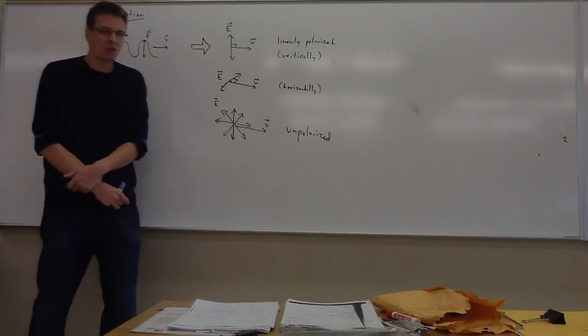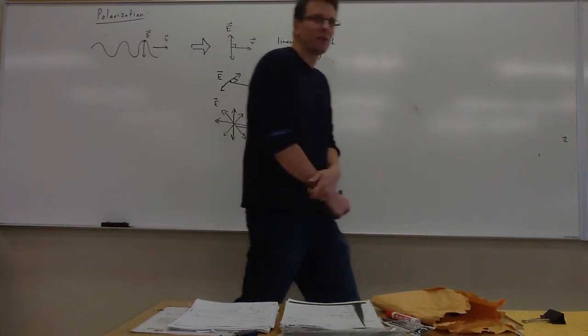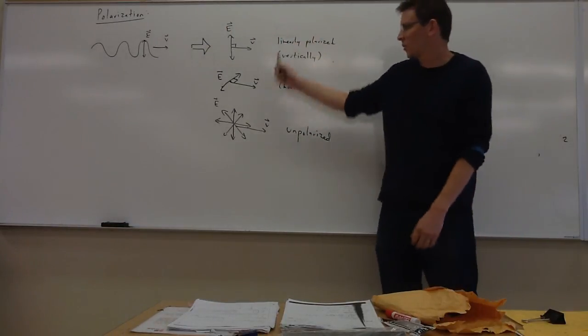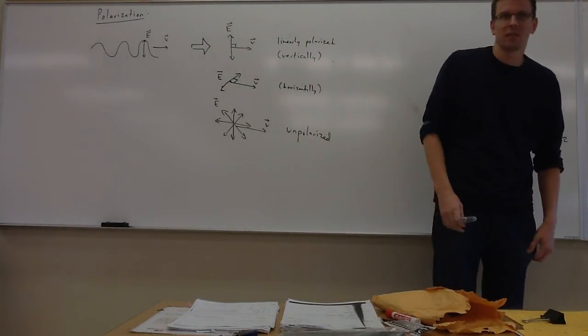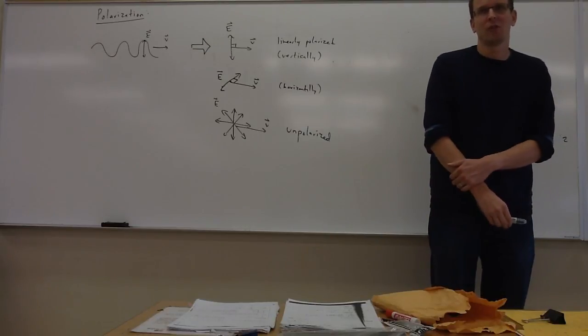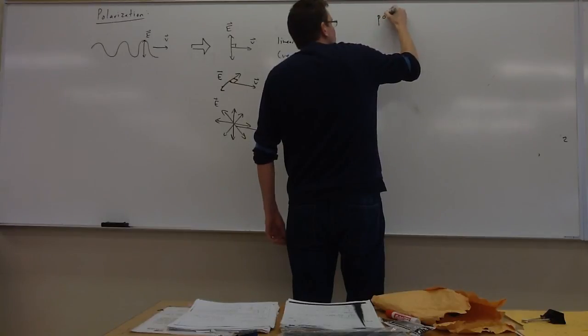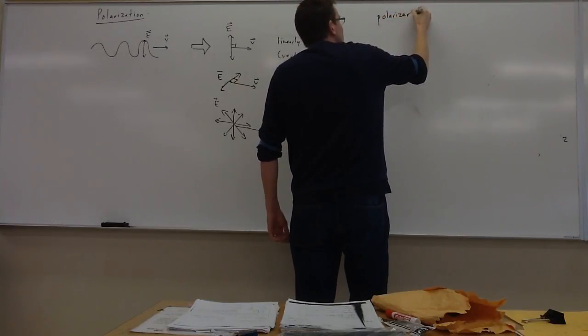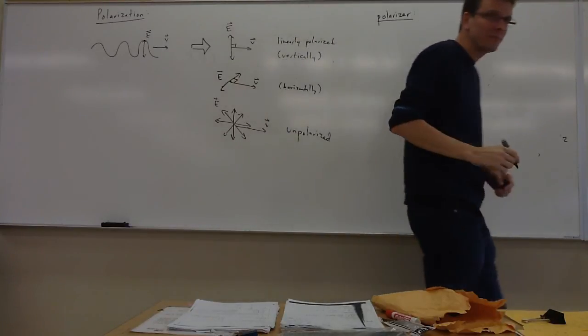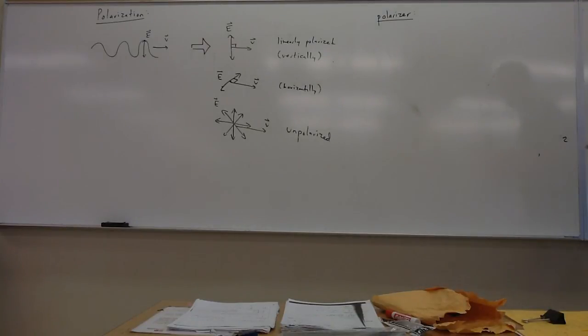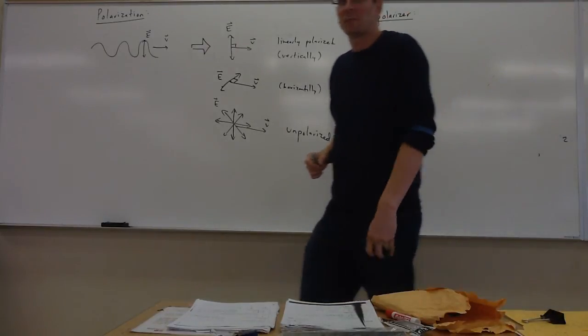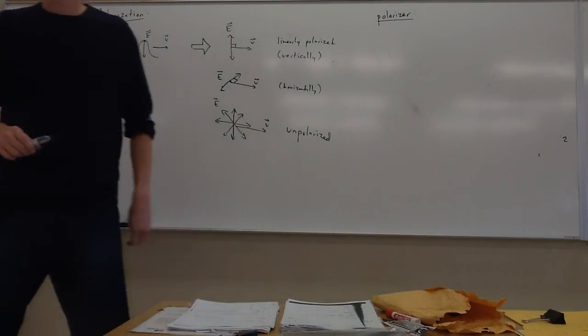The next thing I want to show you is that once you have one of these types, you can manipulate the polarization. So what we do is we talk about a polarizer. This is one of those funny things where I might talk about where you see this in nature, but that's not what I'm going to do here.